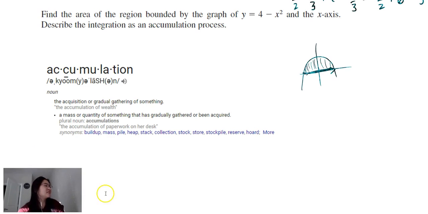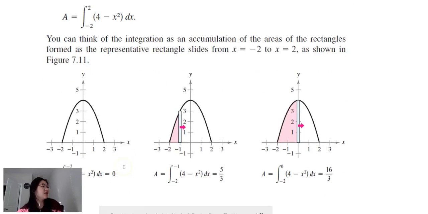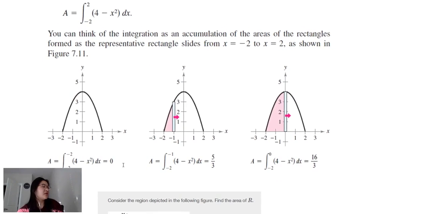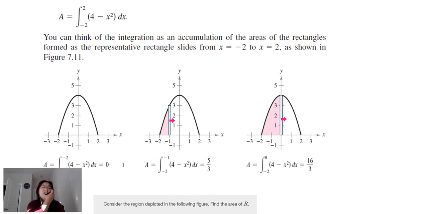Sounds like fun. Alright. So here is a picture of that. So we have an accumulation of the areas of these rectangles, and we're adding them up. As we're moving forward, imagine you are on the number line and you're moving and adding up the rectangles as you're going past all these different places.